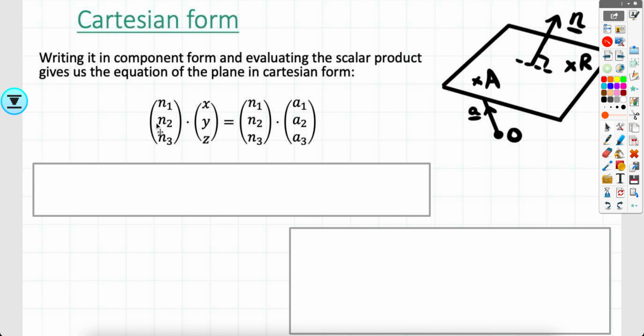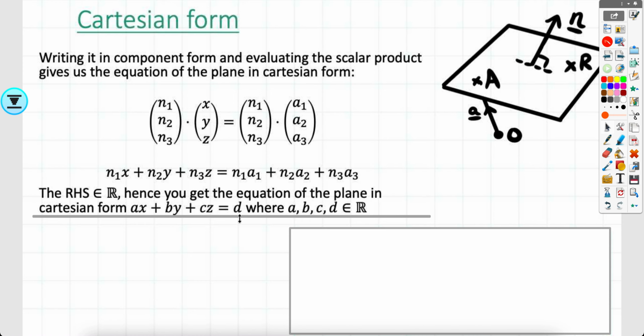So this will give me something with x, y, and z, but the right hand side will actually give me a number. So basically you'll end up with this simplifying to ax plus by plus cz, where a, b, and c are coefficients, and then this will end up being a number which will represent this d. So you have the Cartesian form, and it's really easy to find when you're given the normal.